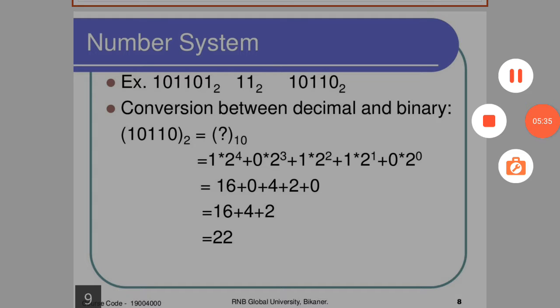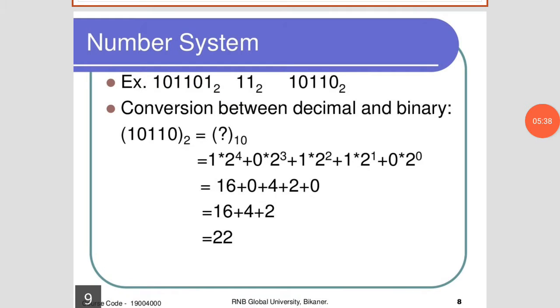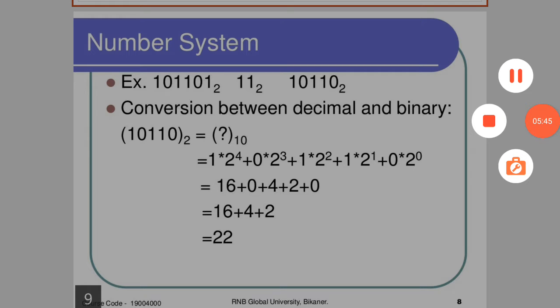So it is equal to 16 plus 4 plus 2, which is 22. So the binary number 10110 is represented in decimal as 22.